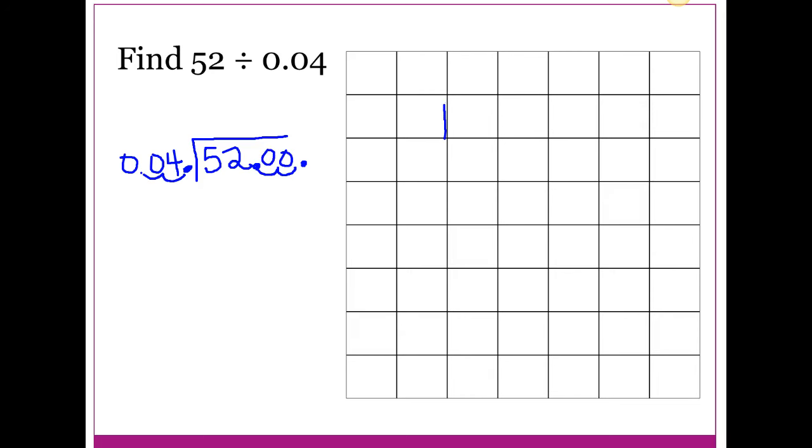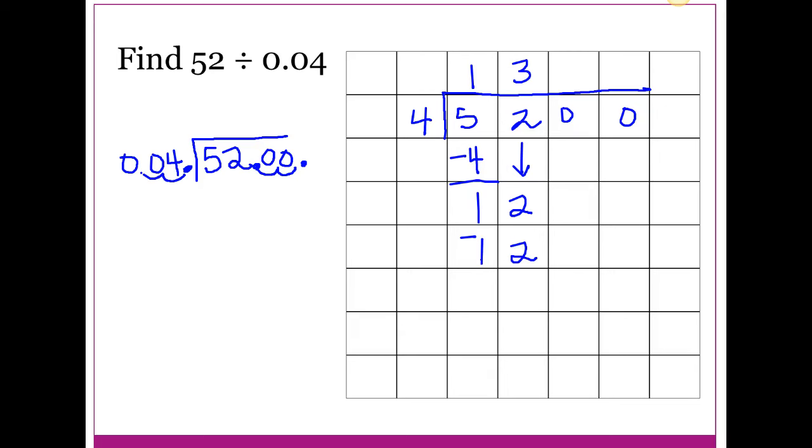When I rewrite the problem, I have 5,200 divided by 4. Now I'll just do standard division. 4 goes into 5 one time. I subtract, bring down the next digit, which is 2. 3 times 4 is 12, and after I subtract, I have 0. However, the decimal point is all the way at the end, so that means I still have 2 places that I need to fill.